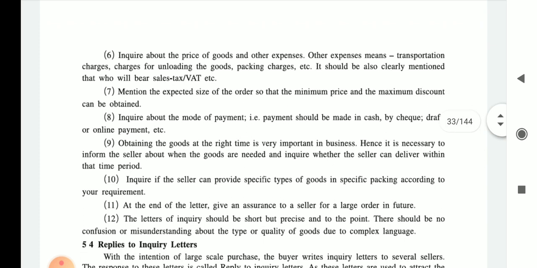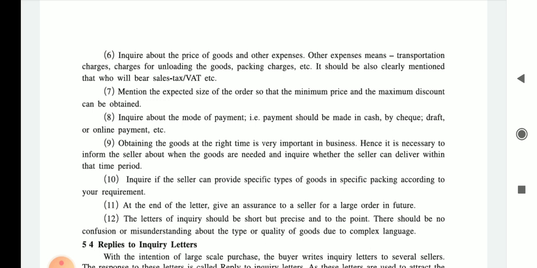Other expenses means the transportation charge, the unloading of the goods, packaging charge, etc. While you are writing about other expenses, you have to make clear what type of other expenses you want to know: the transportation charges, who will bear them, then charges for the unloading of the goods.